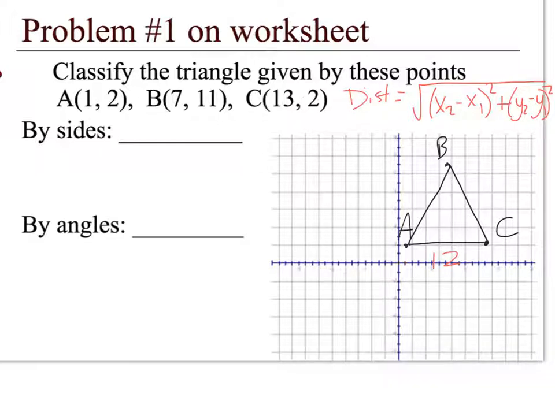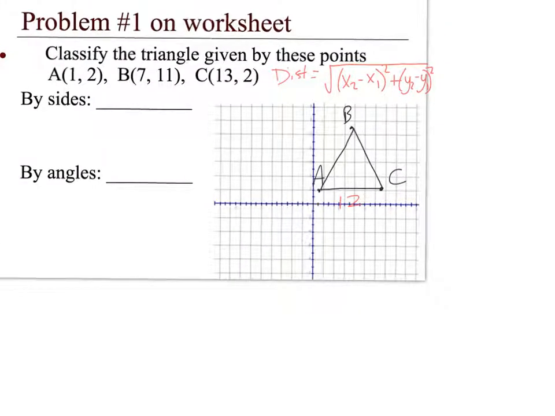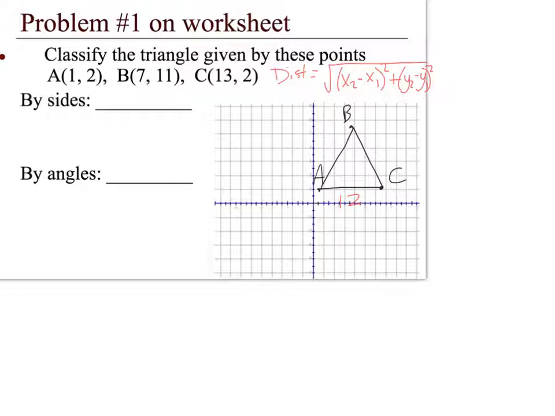Okay? So I'm just going to be using my 2 ordered pairs. Let's set it up for AB, shall we? So for AB, I'm going to have x2, we'll do 7 minus 1 squared plus 11 minus 2 squared.